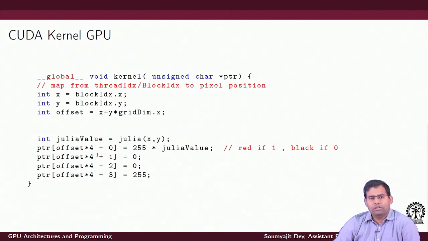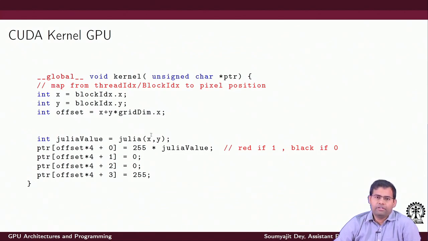So now for each thread in this kernel, I have got the idea that this thread has to decide for the Julia set membership position of one x comma y coordinate, right?